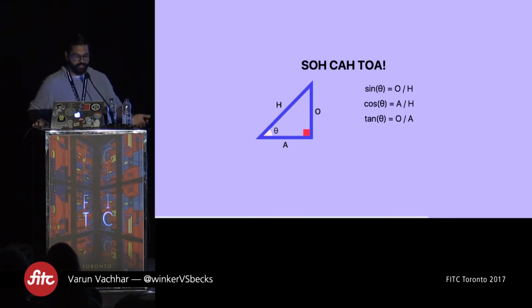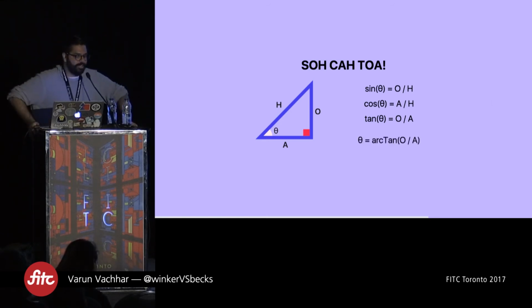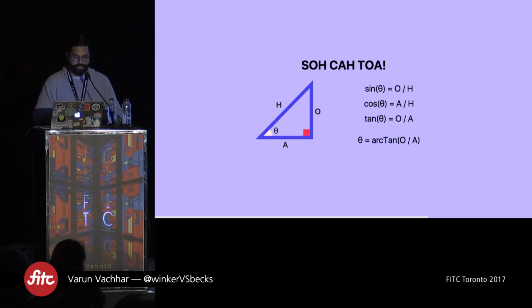Sine of theta is O over H, cos of theta is A over H, and tan of theta is O over A. So if I wanted to figure out what that angle theta is, I can use that last formula, tan of theta is O over A, and calculate theta as arctangent of O over A. Arctangent is simply an inverse of tan. So if you move tan from the left-hand side of the equation to the right-hand side, it turns into arctangent.